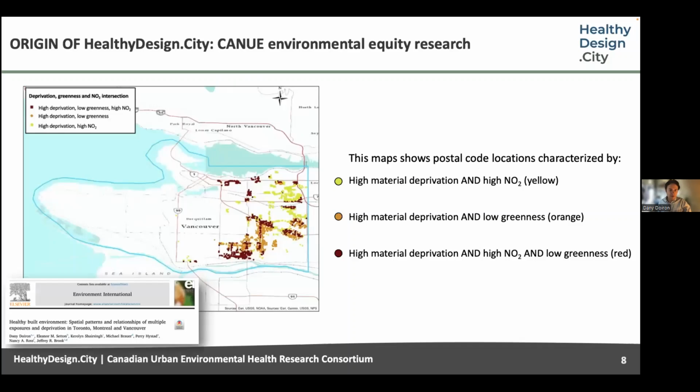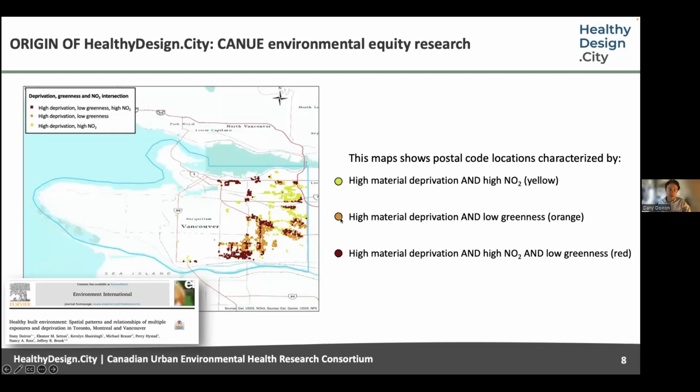So the map of Vancouver that you see on this slide shows you where air pollution and greenness intersect with high material deprivation, or in other words, low socioeconomic status. Each dot on this map represents a postal code, and the dots in yellow are where high material deprivation and high nitrogen dioxide exposure coincide.